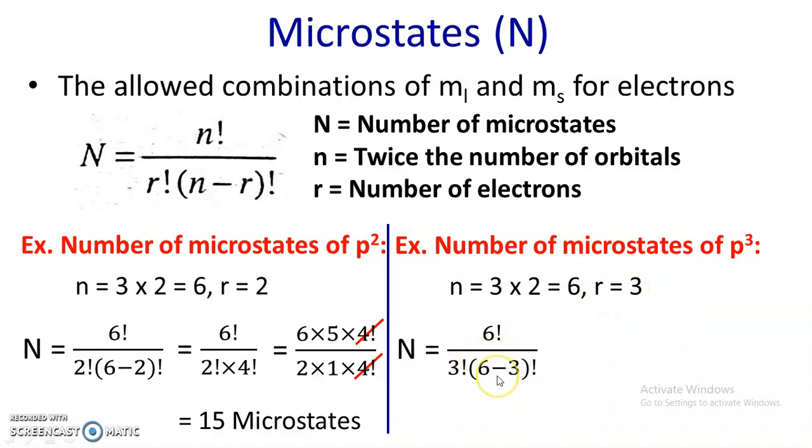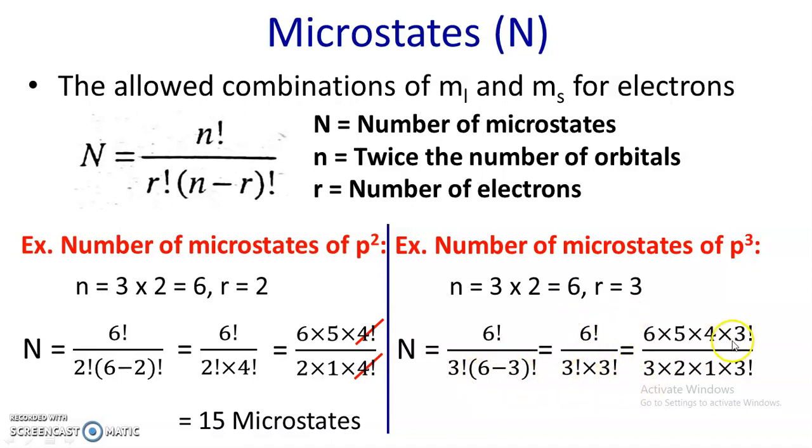Again the formula for microstates is n factorial upon r factorial into (n minus r) factorial. The value of n is 6 and r is 3. So 6 factorial upon 3 factorial into (6 minus 3) factorial, that is 3 factorial.